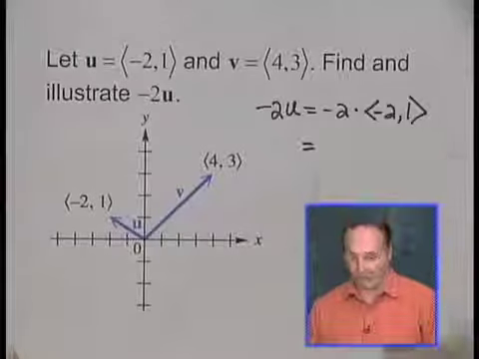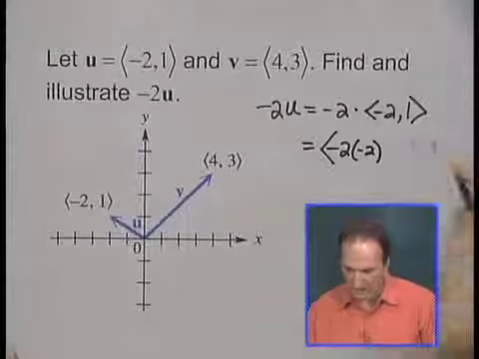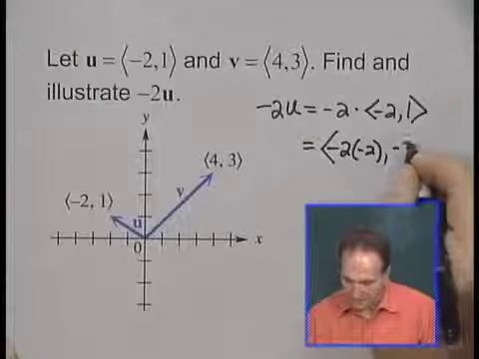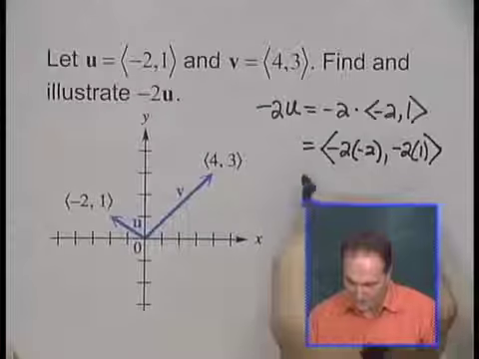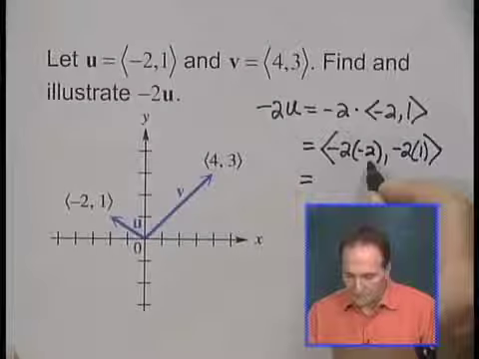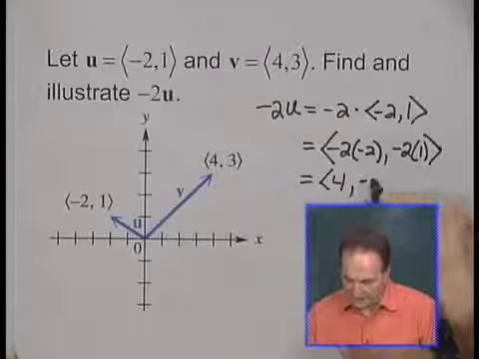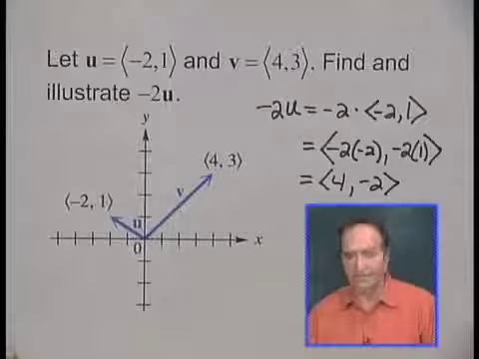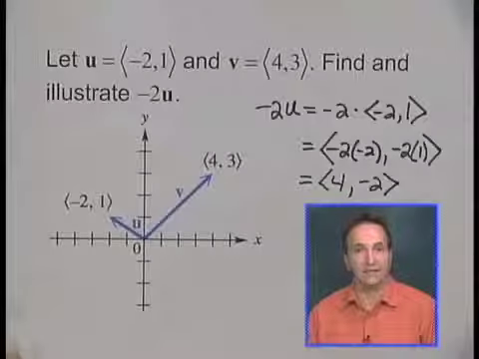So we would have the vector negative 2 times negative 2, comma, negative 2 times 1. Simplifying each of those, negative 2 times negative 2 is positive 4. Negative 2 times 1 is negative 2. So the vector negative 2u is equal to the vector 4 comma negative 2.